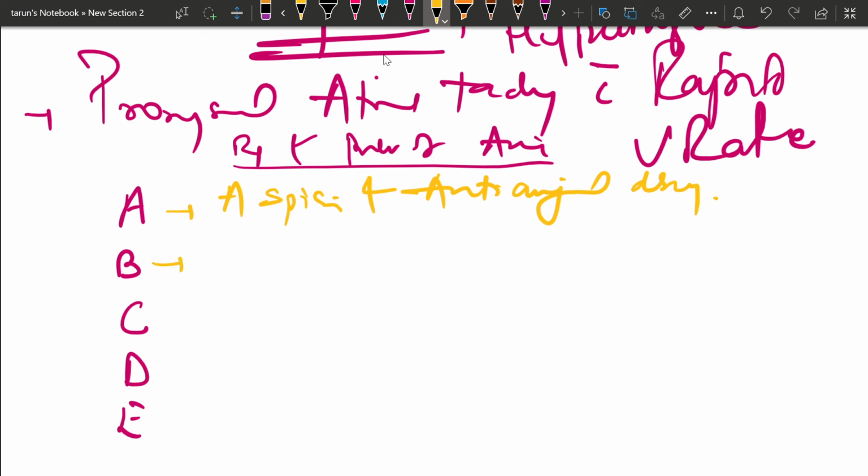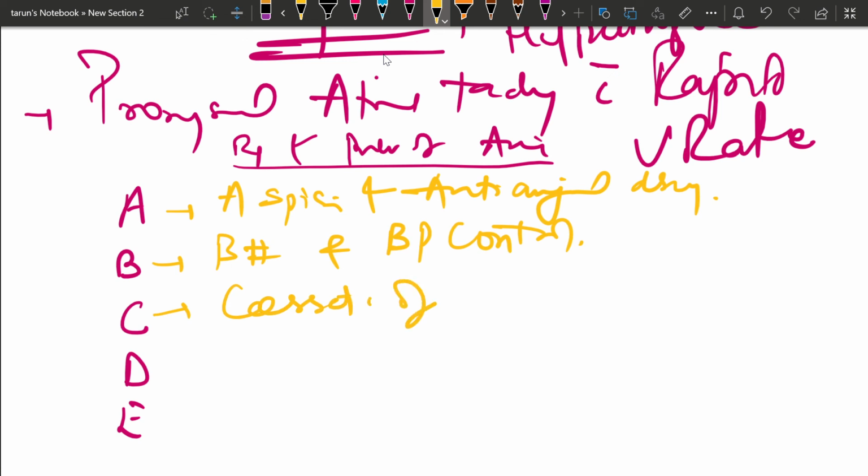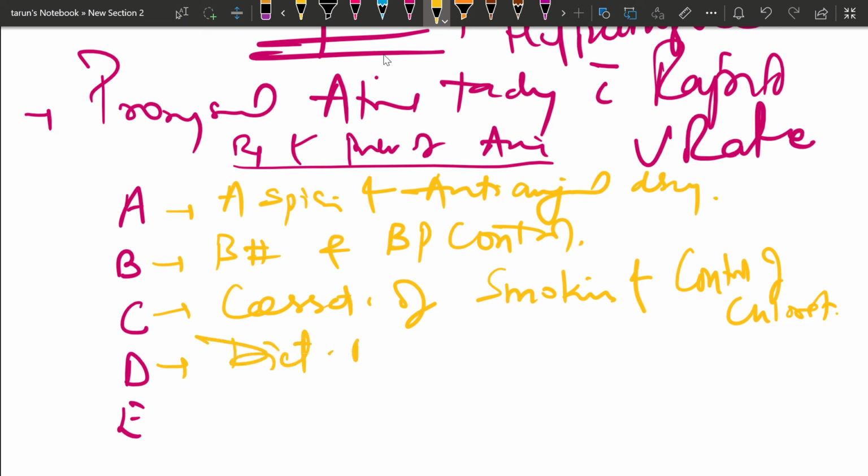B is beta blocker and blood pressure control. C is cessation of smoking and control of the cholesterol. D is diet modification and diabetes control.